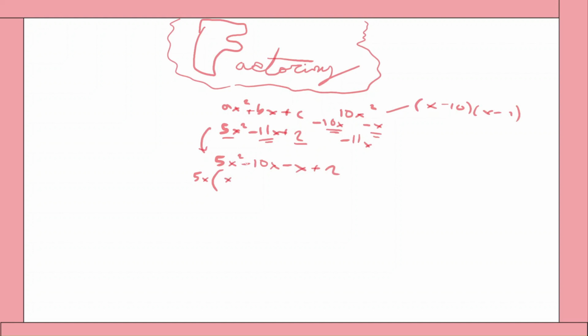And 5x times what gives you negative 10x? Well, that would be a negative 2. Okay, x minus 2. And what if we took something else? How would we get this to look like this if we wanted this as a negative x plus 2? Well, it looks like we have to take out a negative 1 so that it turns into x minus 2 as well.